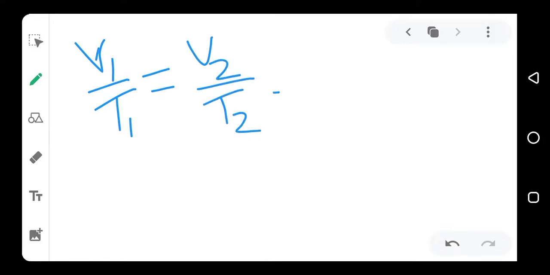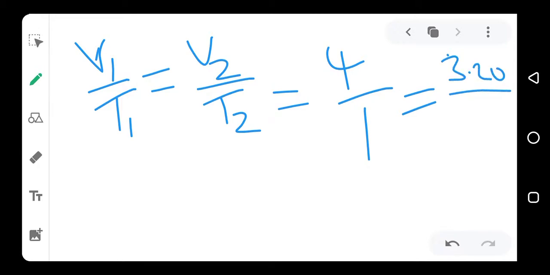Now we put these values into the formula, V1 over T1 is equal to V2 over T2. V1 is 4.00 over T1 is 1.00, equal to V2 as 3.20 over T2, which we are looking for.